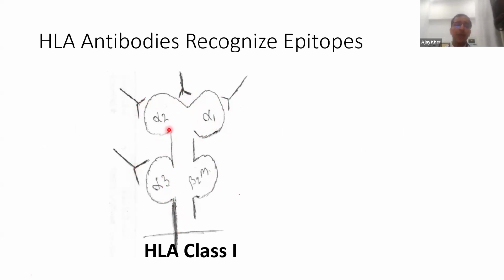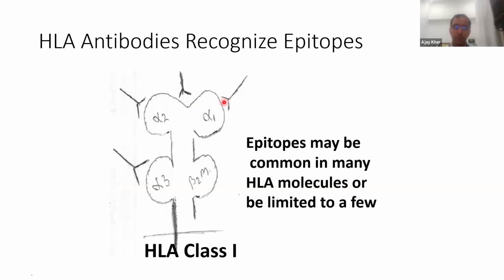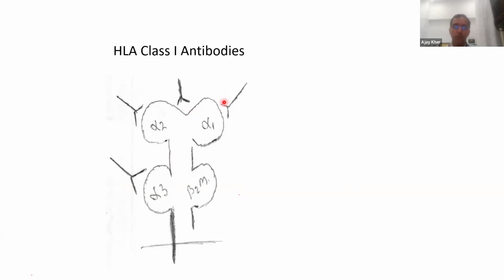When we say HLA A0201, the difference between 0201 and 0202, or the 02 and 01, may be a very small part over here. And so if the antibody recognizes a shared part, it may be present in 20, 30 different HLAs. So even if you make antibody against one, you would be making antibodies against 20, 30 different HLA antigens or HLA alleles, because those epitopes may be common in many HLA molecules.